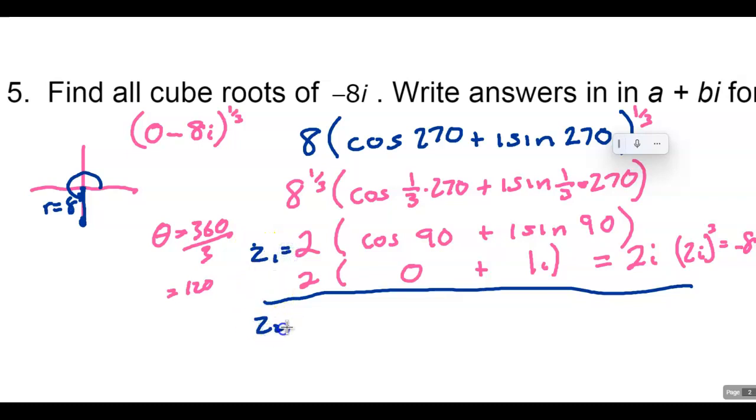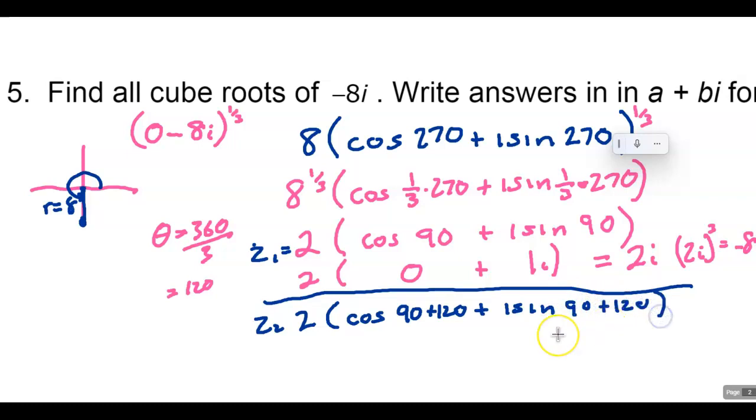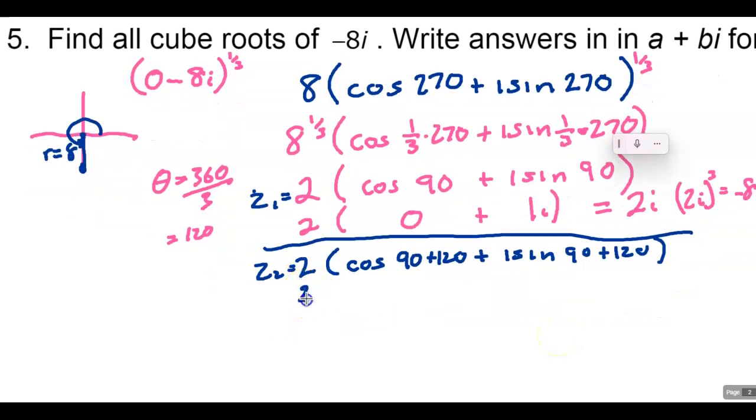My second root will just be the same thing, but 120 more than that. And then we'll repeat the same process for the last root. Okay, so we have 2 times cosine of 210 plus i sine of 210.